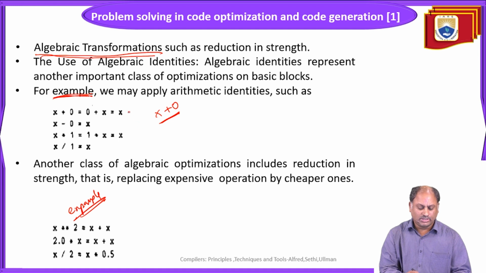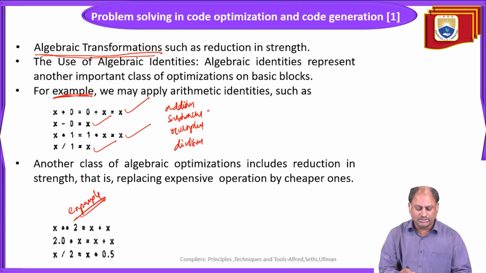So the result is x, here also result x, result x, result x. In all the cases the result is x, but here an addition is performed, here a subtraction, here a multiplication, here a division.